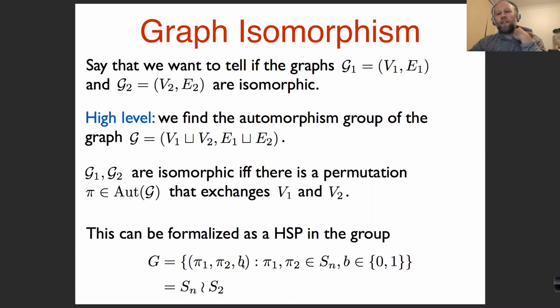But if B is 1, then pi1 acts on V2 and pi2 acts on V1. So you want to see if there's a permutation in this group which is an automorphism of G and for which B is equal to 1, so it's flipping these two vertex sets. So graph isomorphism can be formulated as a hidden subgroup problem in this group.